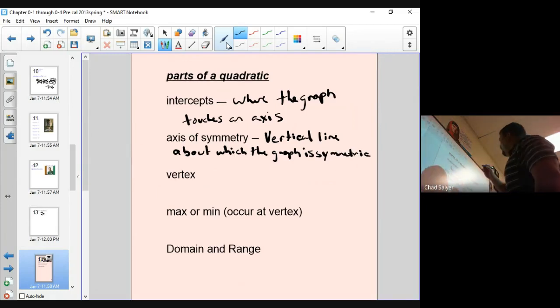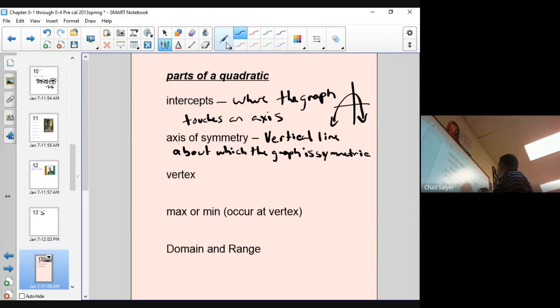Okay, so I'm going to give you a little visual here. In this case, you've got the two x-intercepts and the y-intercept. And if I had this quadratic, the dotted line would approximate the axis of symmetry, the vertical line about which the graph is symmetric.